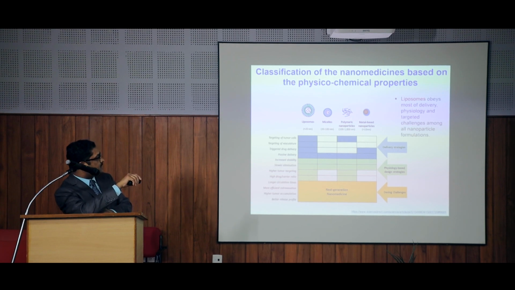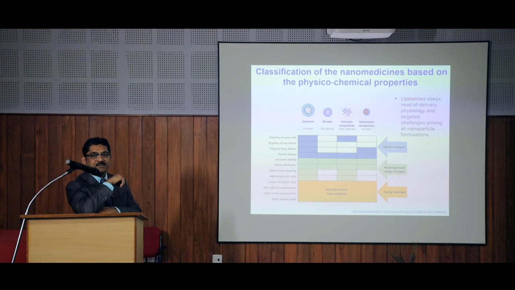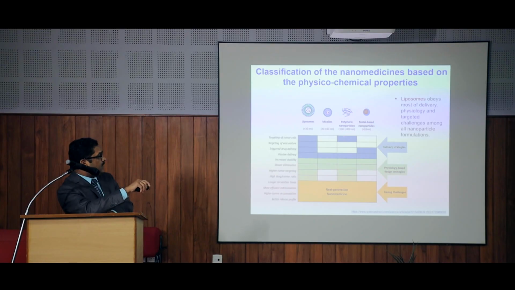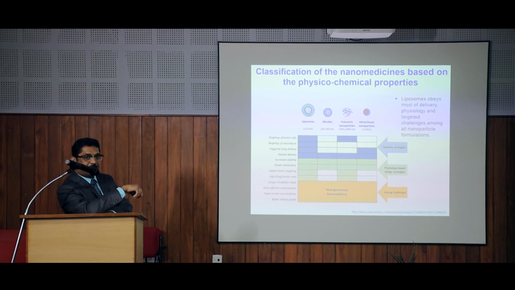Polymeric micelle, to some extent, does not obey these requirements. Targeting vasculature or tumor cells is not possible because, as I said before, whenever you put it in the human body, the polymeric chains dissociate from the micelle structure because of the concentration gradient variation. Polymeric nanoparticles are a little better than polymeric micelles.